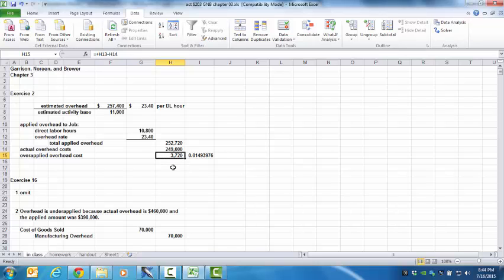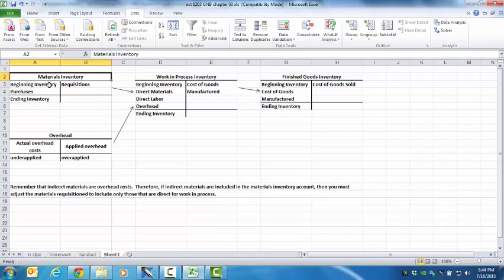The first school of thought basically says, if you notice, all of these costs, whether it's materials, labor, or overhead, eventually flow through cost of goods manufactured and eventually leave the system as an output of cost of goods sold. So any variance, whether you're under or over applied, just adjust your cost of goods sold.